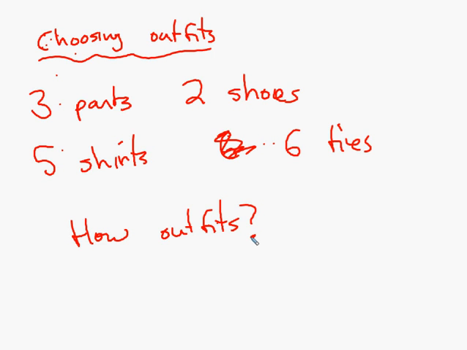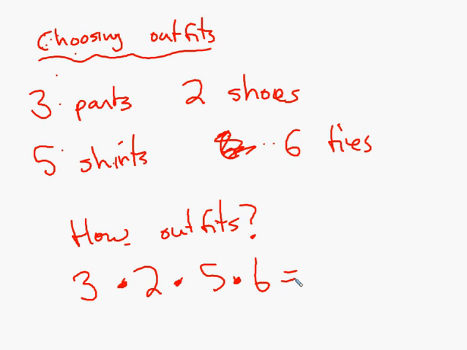He's right. Now, Mr. Payne, will we be mandated to do the tree way, or can we do it the multiplication way? So we do 3 times 2 times 5 times 6.